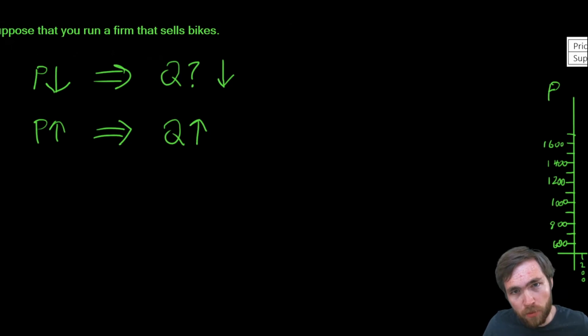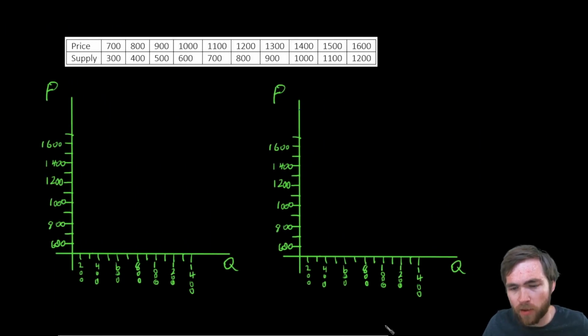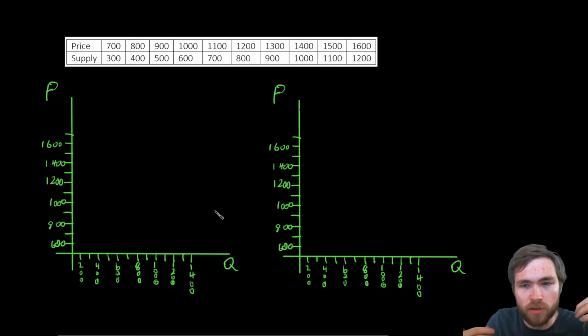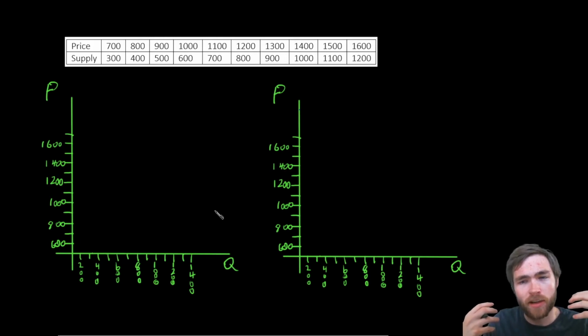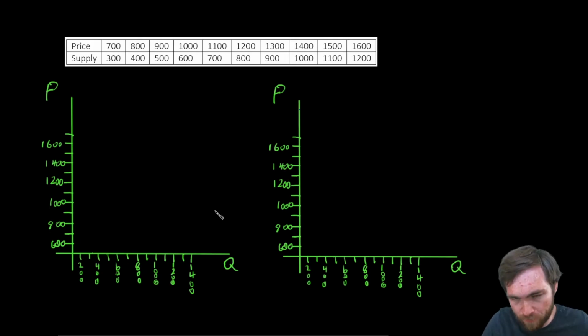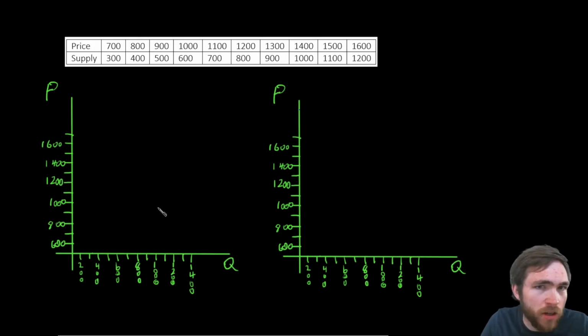Let's take a broad view for a moment and think about a market for bikes in, say, a city. So this is the market where all suppliers are going to be selling bikes at the same time. So we're talking about all suppliers together. And you see in this chart here, we've got that relationship.